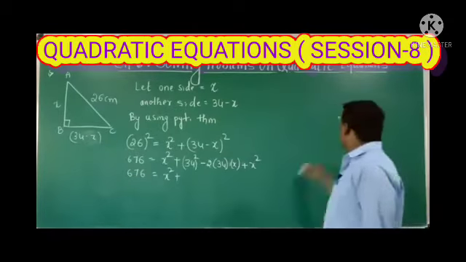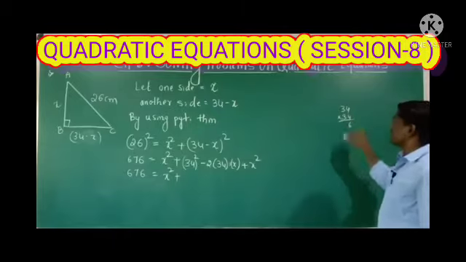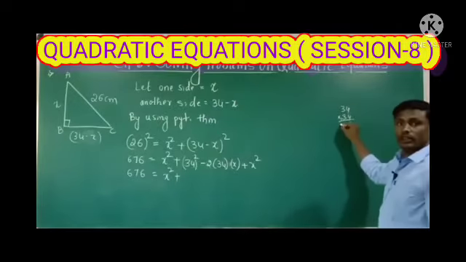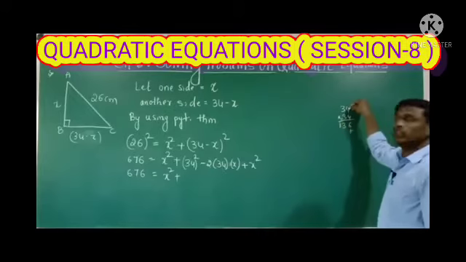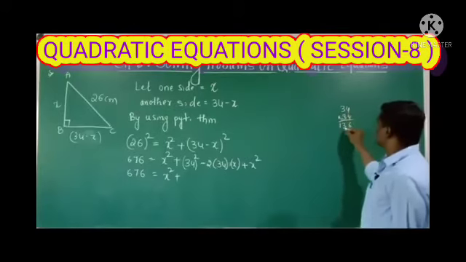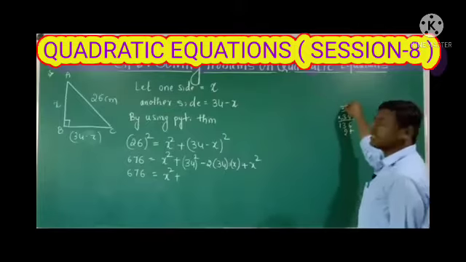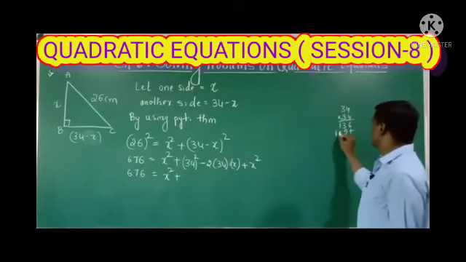34 square means you need to multiply 34 two times. Okay. So multiply here. 4 4s are 16, carry 1. 4 3s are 12, 12 plus 1 is 13. Now multiply with 3. 3 4s are 12, carry 1, 3 3s are 9, 9 plus 1 is 10.